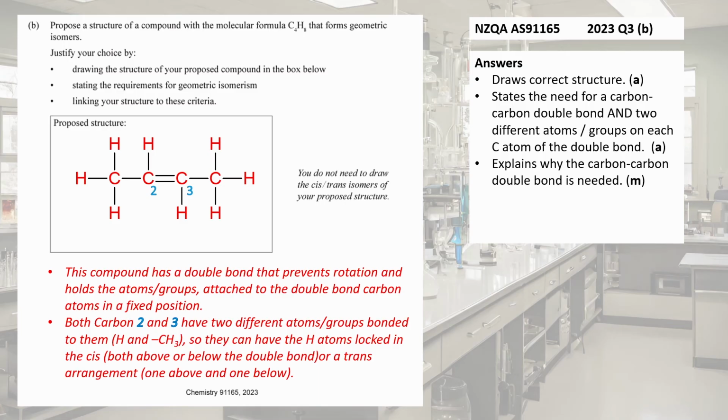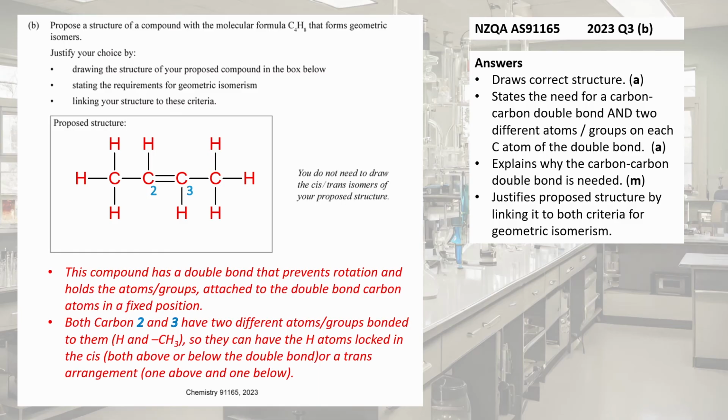Excellence is this detail: justifies the proposed structure by linking both criteria. So I'm linking by putting the specific groups and the specific atoms joined to the number of the carbon. I'm linking what I'm talking about to the actual structure. And in this case, sorry, the 4th one is a merit point. So there's 2 merit points to achieve.